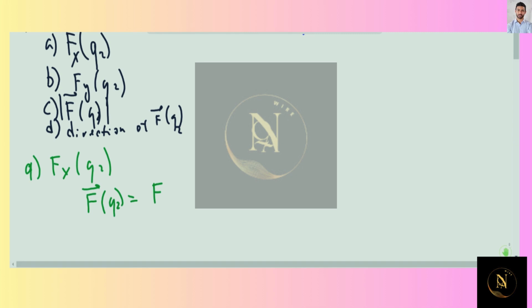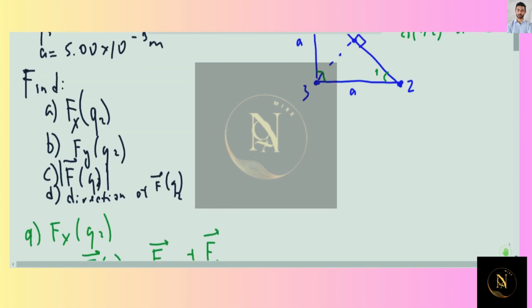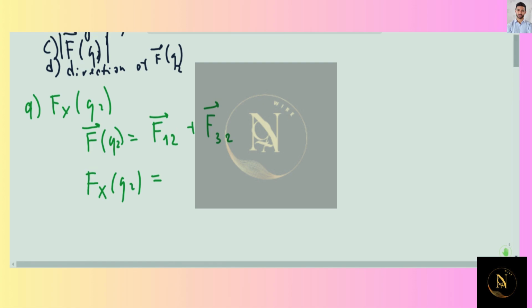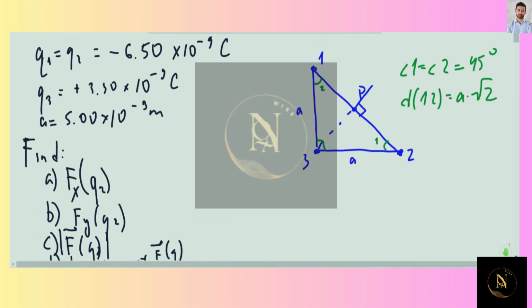So it equals the force with which the first charge acts on charge 2, and the force with which the third charge acts on charge 2. So it means that x projection of this force equals the sum of these two components. So now we have to sketch these forces.